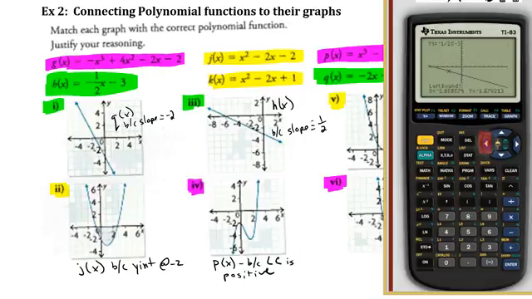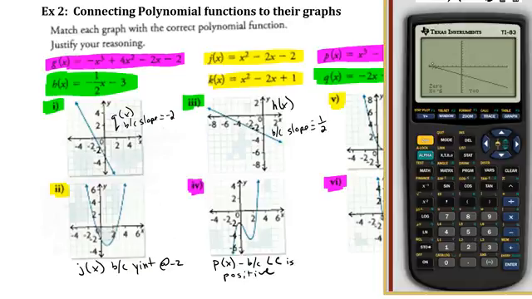Mine has to travel a little bit. Okay, left bound. Now the right bound, I just want to go on the other side of it. Enter. Enter. And the 0 is at negative 6. And look at that. The 0 here is at negative 6 as well.